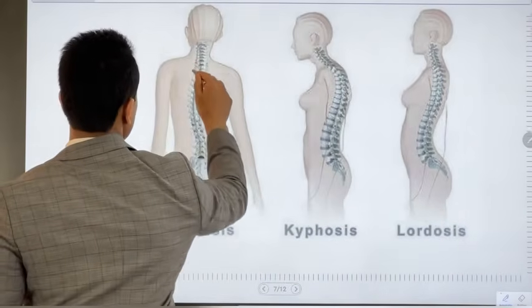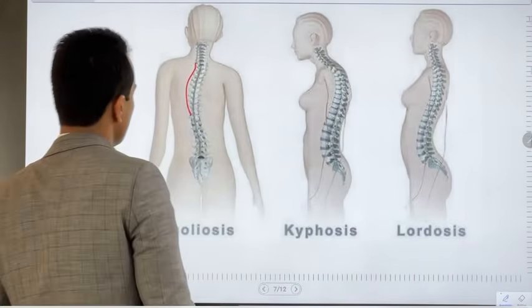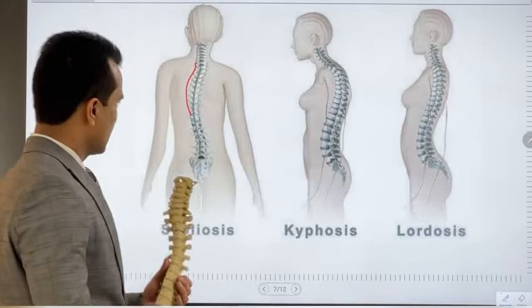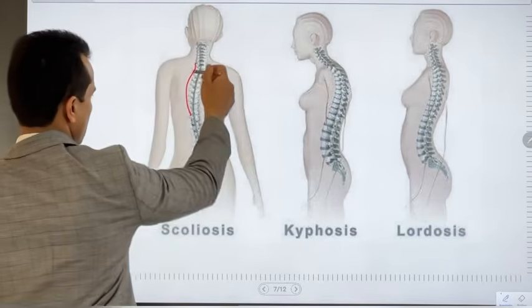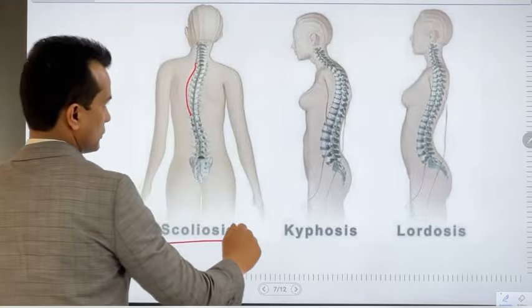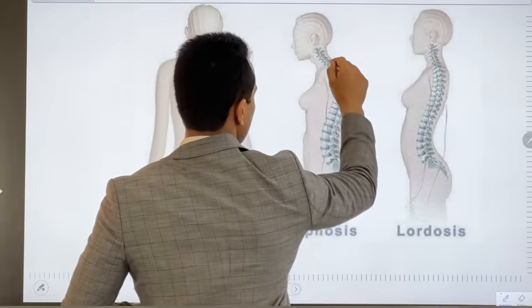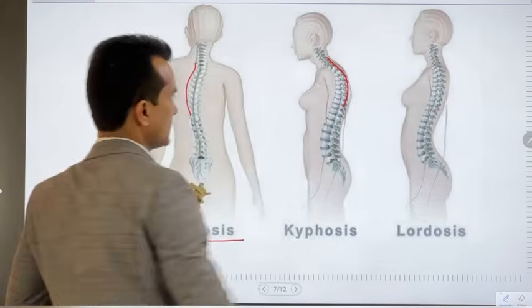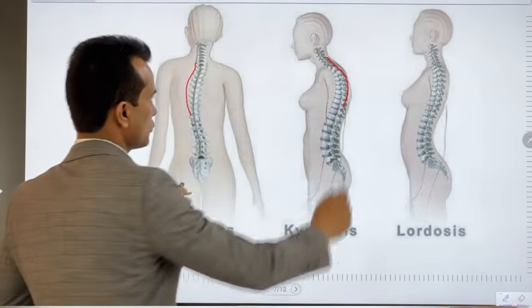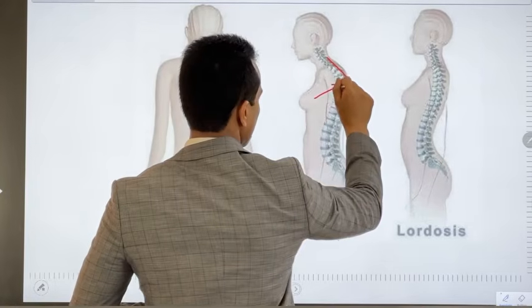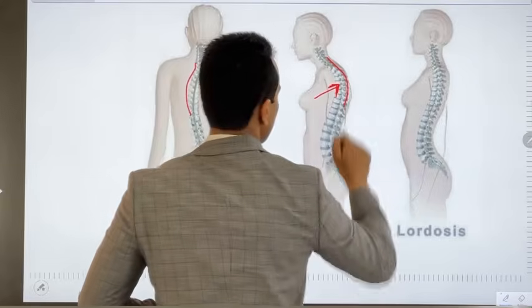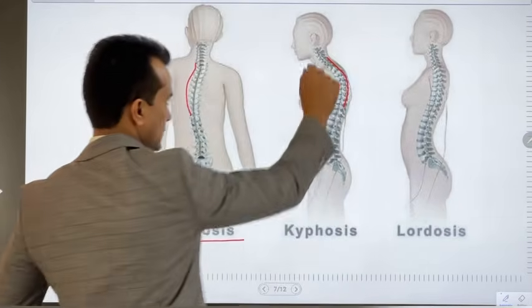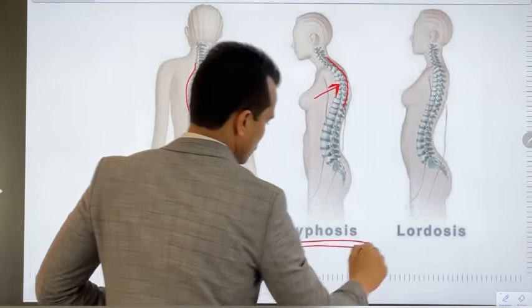This is the lateral curvature of your spine, this is called scoliosis. And when the spine at the thoracic portion has an outward curvature, this is called kyphosis.